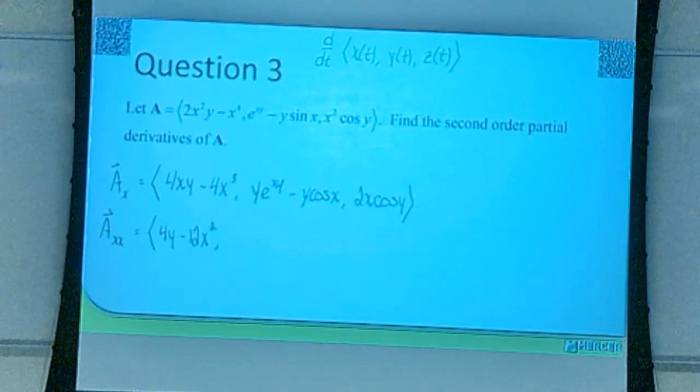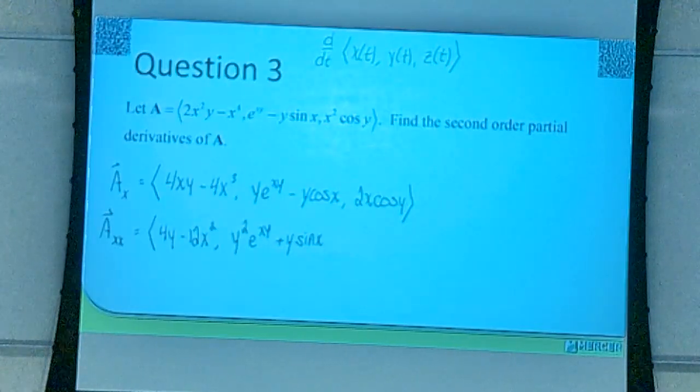Sorry, second. And third component, just 2 cosine y.